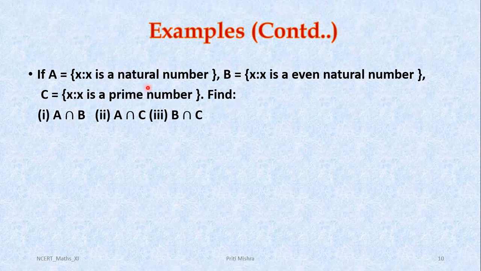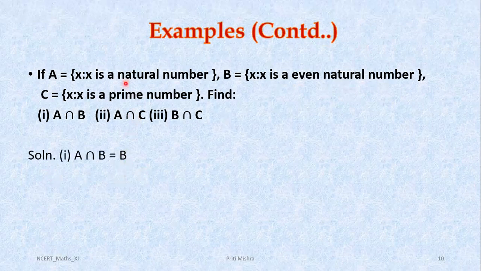A is the set of natural numbers, 1, 2, 3 and so on. B is the set of even natural numbers, 2, 4, 6, 8, 10 and so on. So while writing A intersection B, the common elements from A and B are only the even natural numbers. So A intersection B is equal to set B itself.